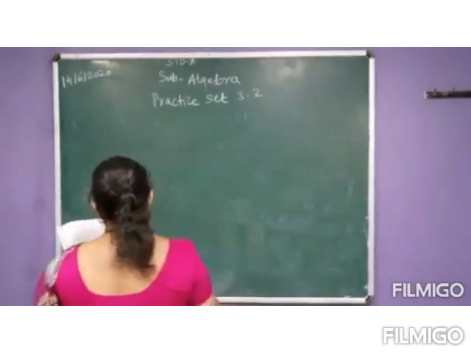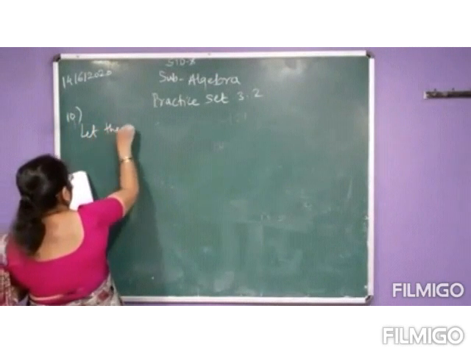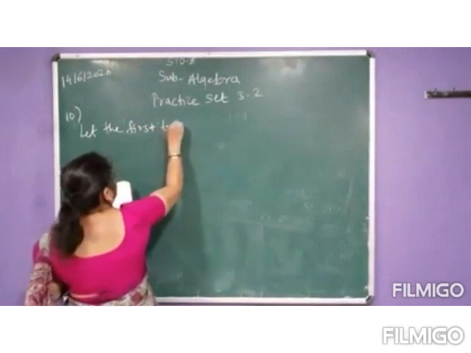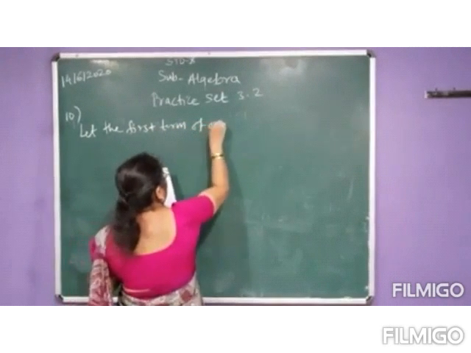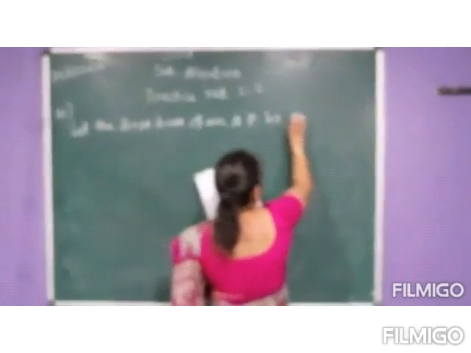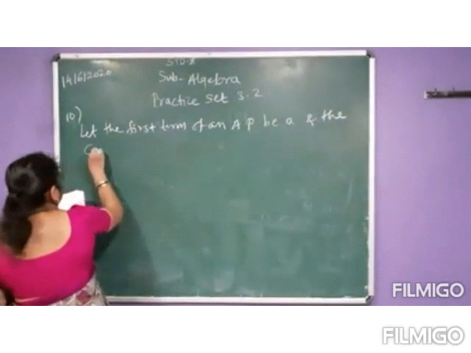So for that, first you will write: let the first term of an AP be A and the common difference D.